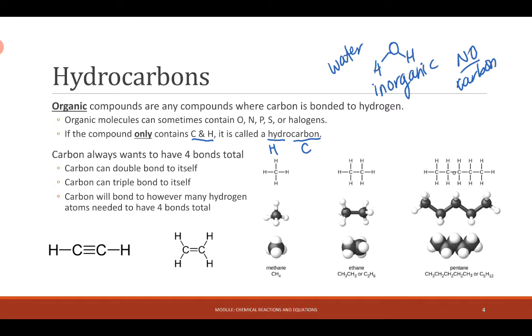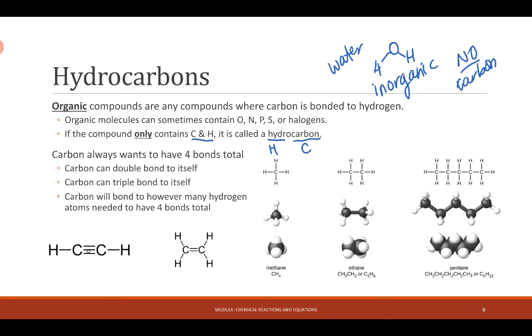In this molecule, there's even more carbons bonded together, but this carbon here is bonded to 1, 2, 3, 4 things, 3 of which are hydrogen, and there's 1 carbon. This carbon is bonded to 2 other carbons, and so it only needed 2 bonds to hydrogens. Hydrogens are like filler atoms. They will fill in wherever necessary to give carbon 4 bonds total.